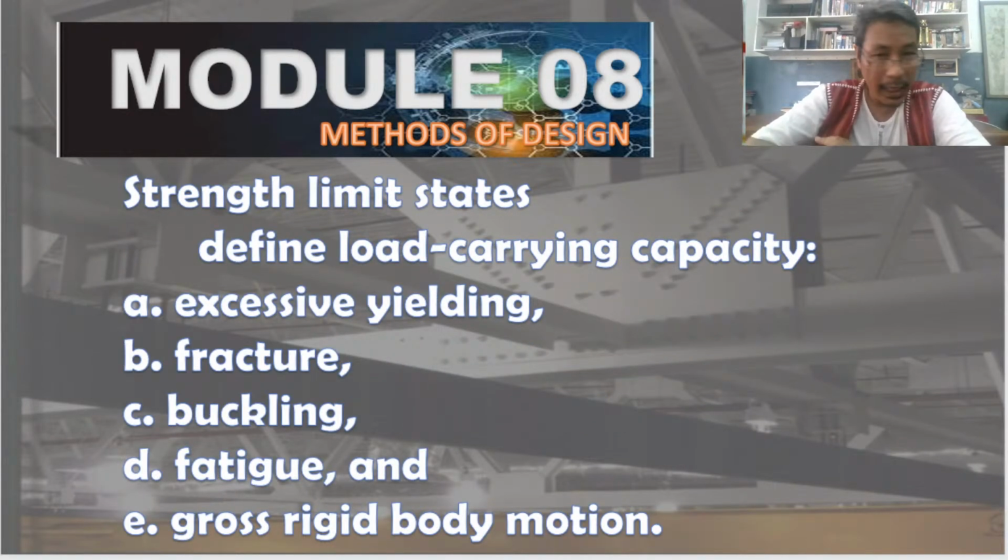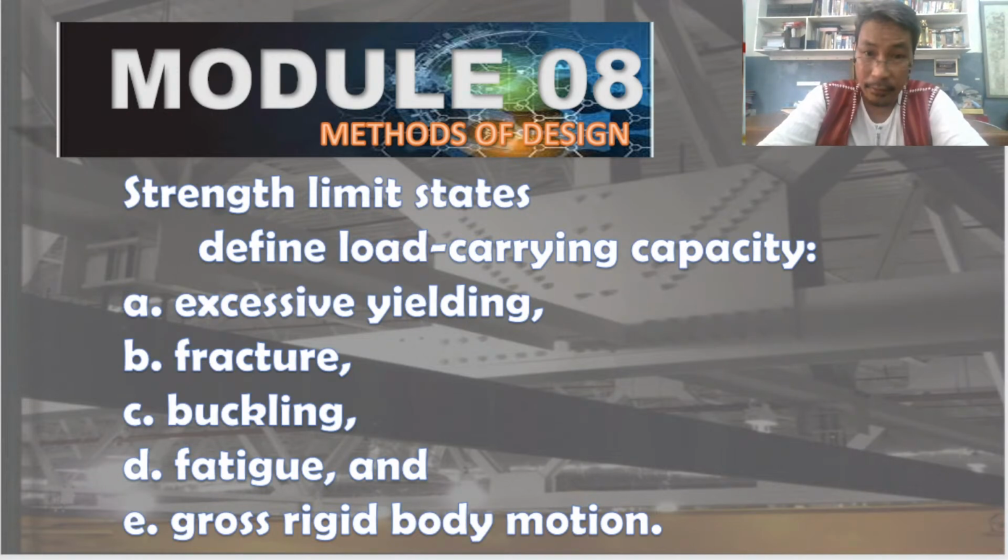So what are the types of ultimate limit state or strength limit states? These are the types that define the load carrying capacity of the element or structure. Letter A, yielding. We want to design our structure in consideration of the yield characteristic.